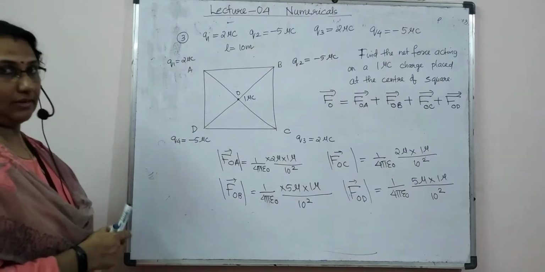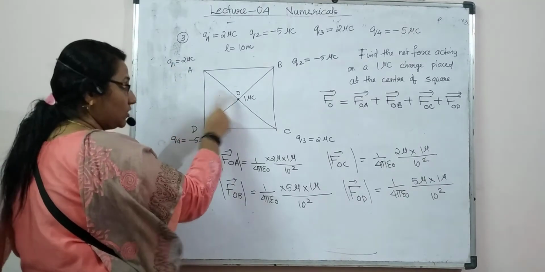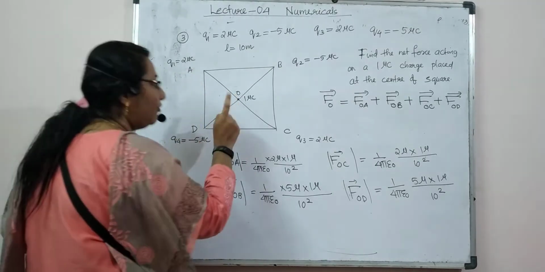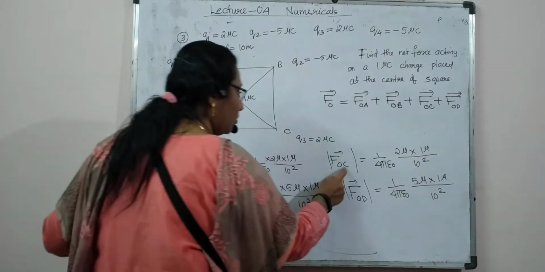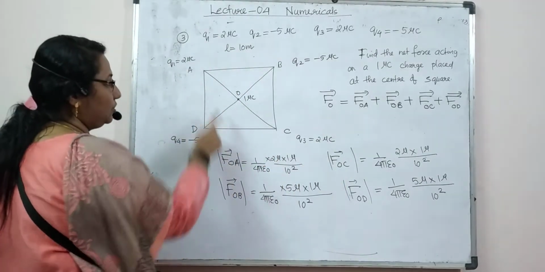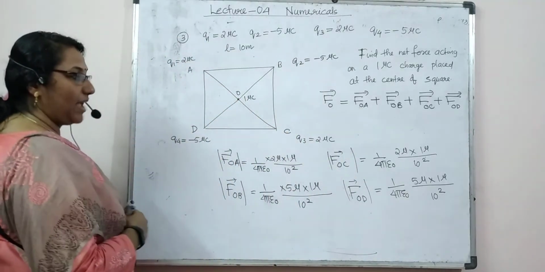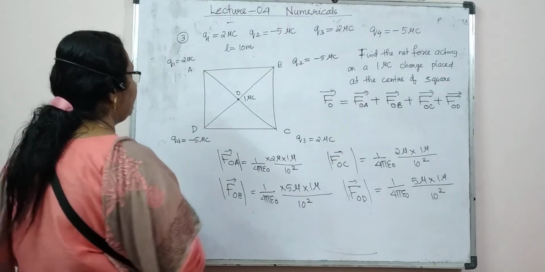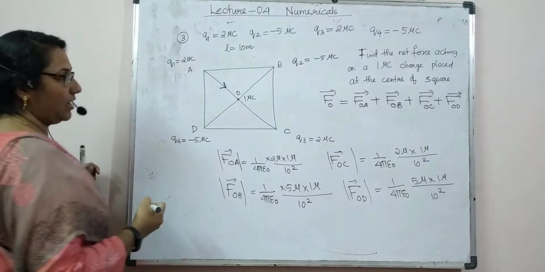So look on the figure. Force on O due to A and force on O due to C, OA, OC, are of same magnitude. And what about their direction? 2 repels 1 towards this direction.